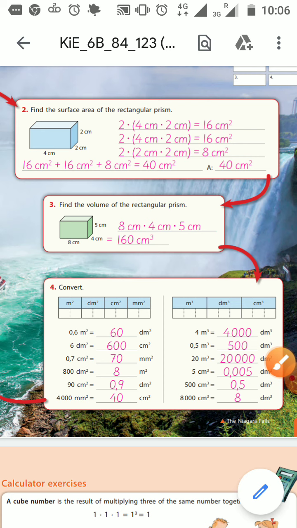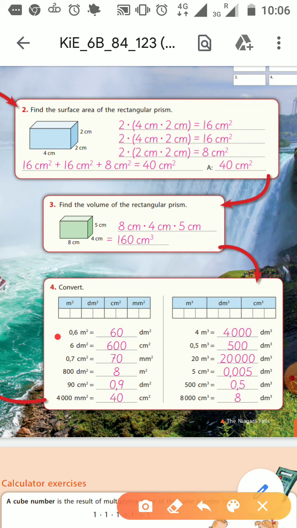What's 0.6 meters squared in decimeters squared? Well, you're going from meters squared to decimeters squared. So what you're going to do is you're going to times, you're going that way, all right? You make it bigger. You're going to times by 100, all right?